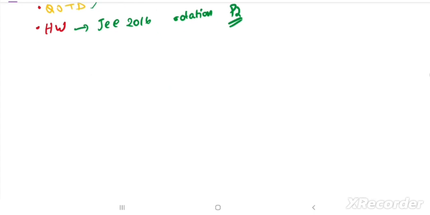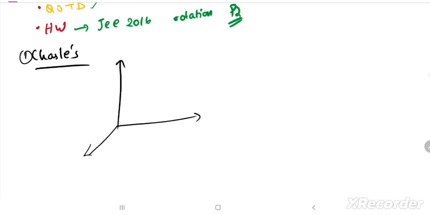First is Chasles' theorem. Chasles' theorem is basically very simple. Suppose you have a non-translating frame, and you are in the lab there. It's any frame, and you have a body.